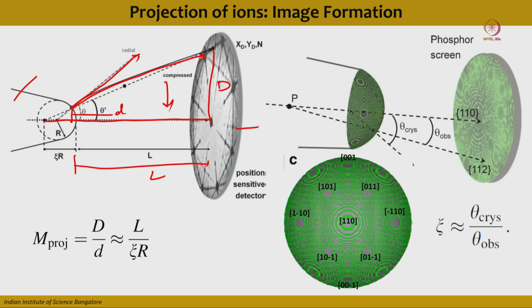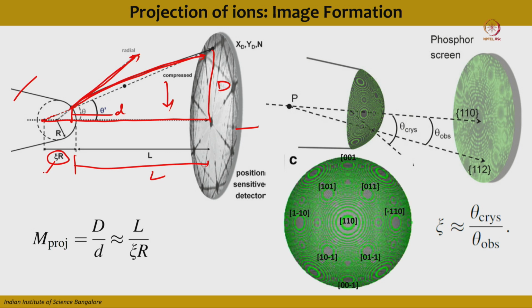As these field lines are not exactly in the radial direction but are bent towards the axis, if you project it, it will go to a position away from the center of the needle specimen or the center of the tip radius. That can be given by xi r, okay. Xi is the image compression factor.